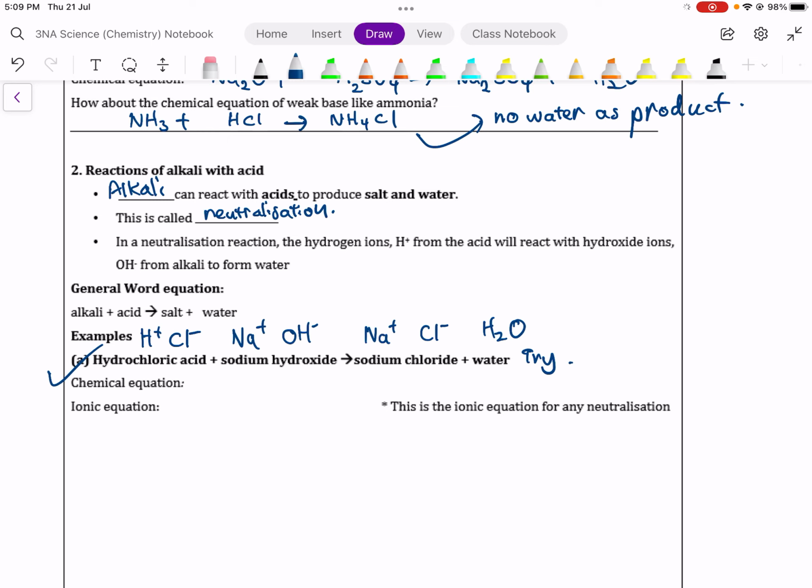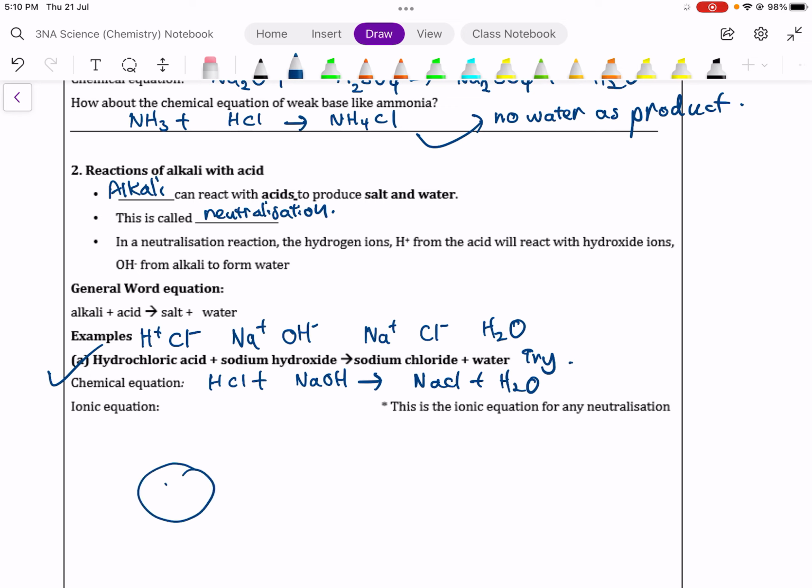Next, what I need to do in this case is quite simple. Plus 1 minus 1, so I have HCl plus, leave some space. Plus 1 minus 1, easy, same charge. Likewise for sodium chloride and water. Then you can check whether they are balanced or not.